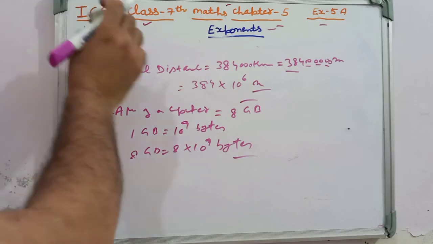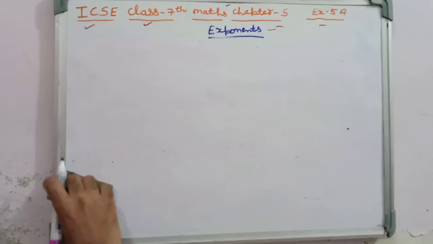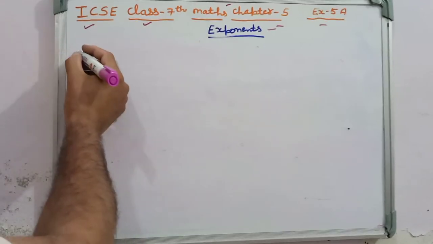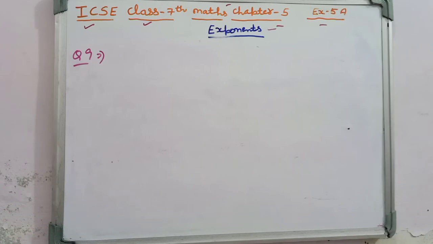Question number 9. So question number 9, do it carefully. It is a good question. In a tennis competition, 128 players were selected for a series of knockout rounds. In each round, the losers were eliminated and the winners reached the next round. How many players moved to the next round after the fourth round?